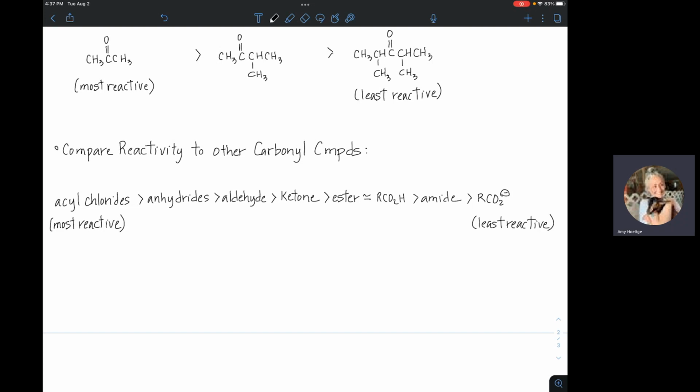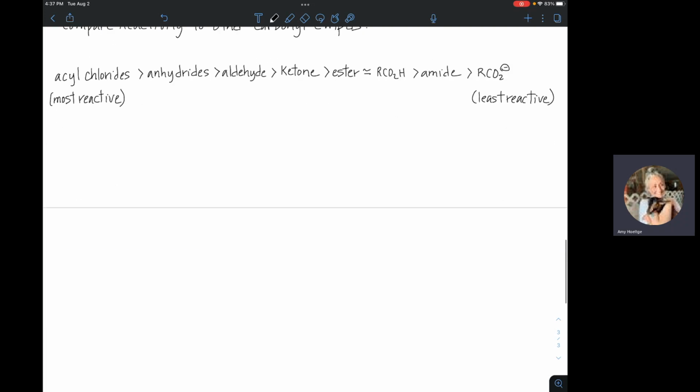So in terms of the two ways that in this class we're going to discuss aldehydes and ketones reacting, the first way we've been saying all along is these can undergo nucleophilic acyl addition reactions, not substitution reactions.